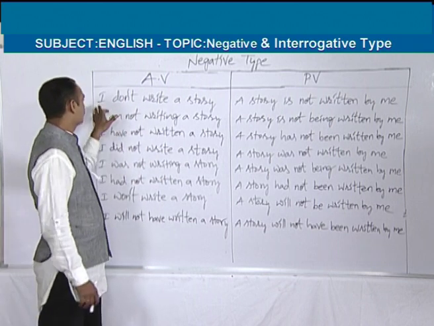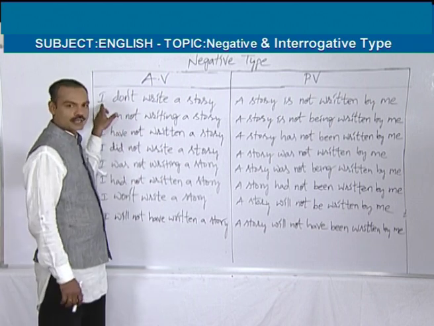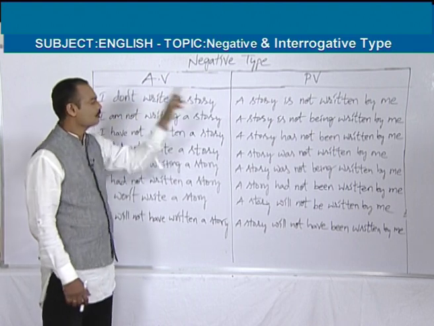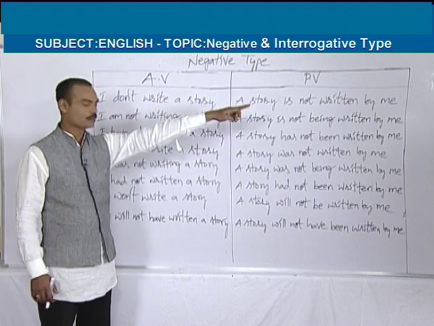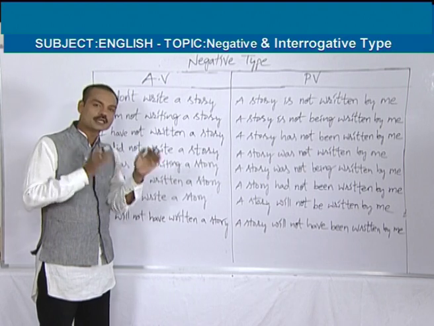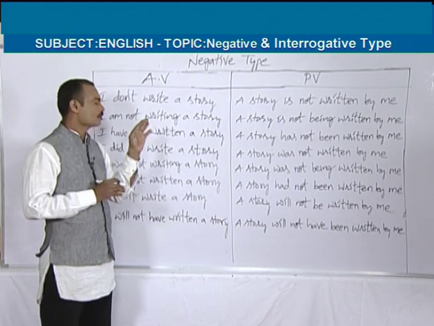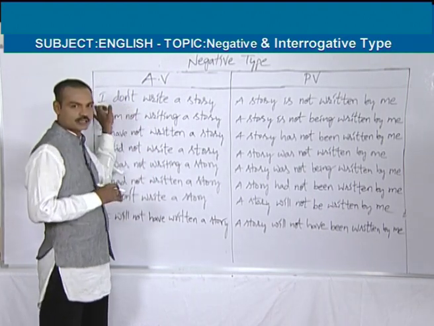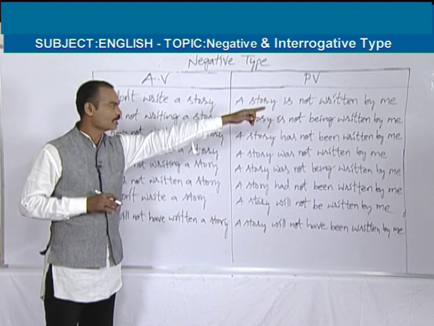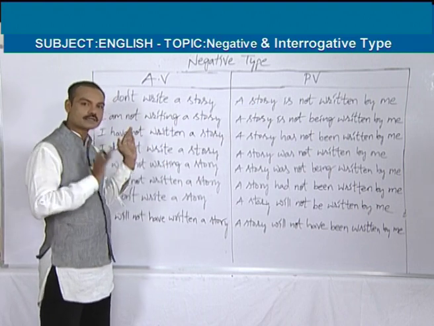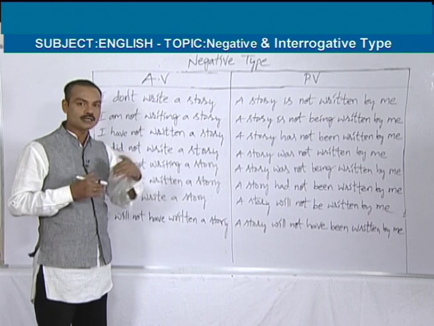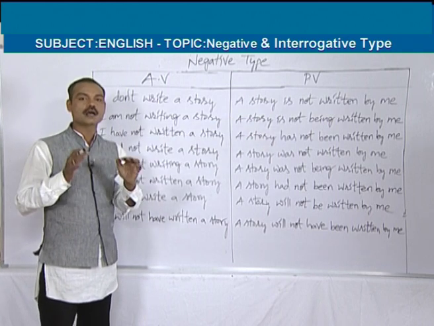For example, the subject is we here. We becomes us. I becomes me. So there will be changes in pronouns. If the active voice starts with I, the passive voice should end with me. If the active voice starts with we, the passive voice should end with us.